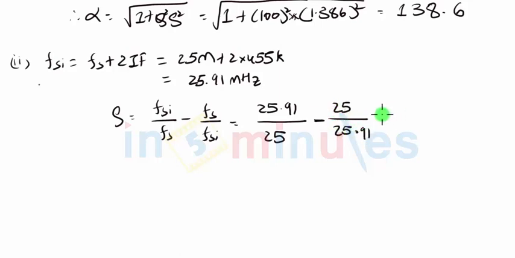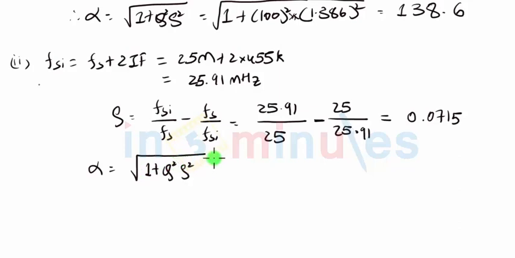Megahertz will cancel out, and rho will turn out to be 0.0715 approximately.